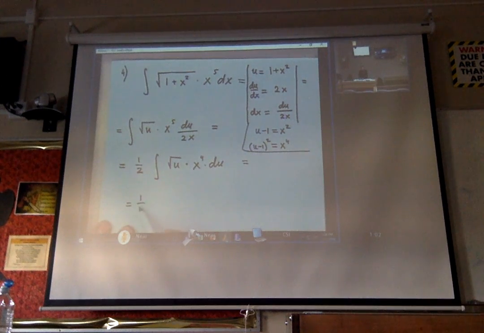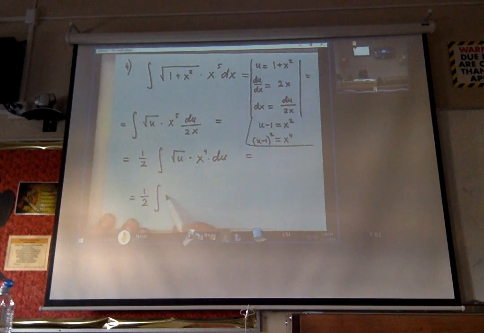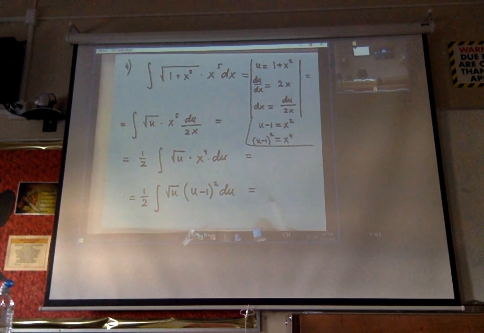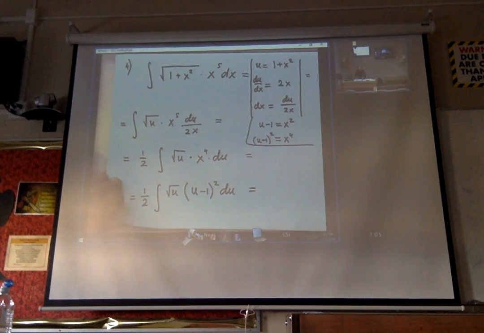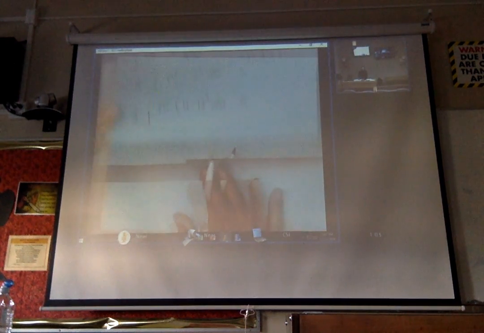So you have 1 over 2 integral square root of u, and this one is u minus 1 squared, and du. And this is what we have. Now another thing the students may do here, they say, oh, I see u minus 1, like substitution again. No, it's easier if you just open parentheses. When you open parentheses, that's the easiest way to do it. There's no other substitution. Don't even think about substitution.